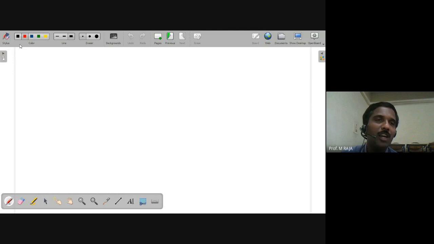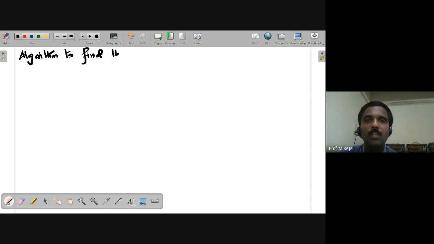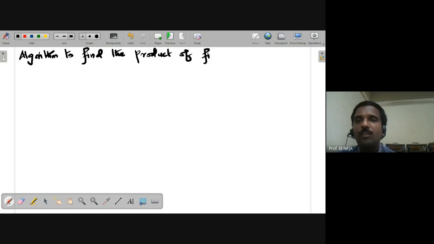We are drawing or designing the algorithm to find the product of first n natural numbers.